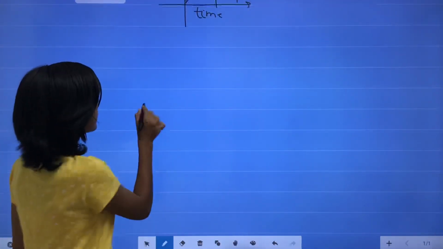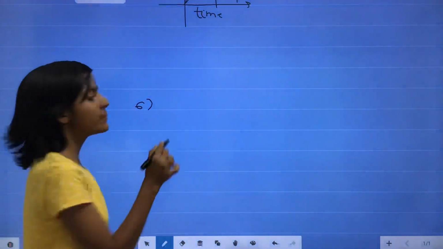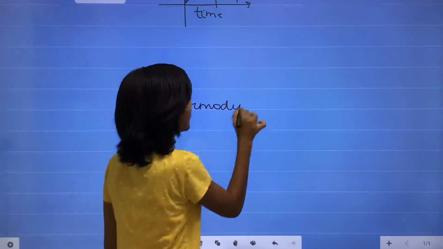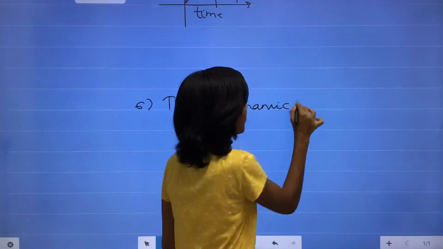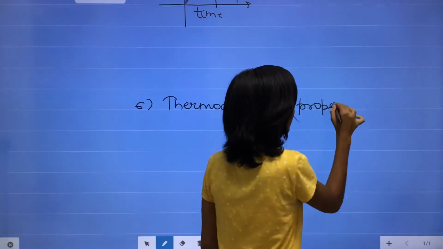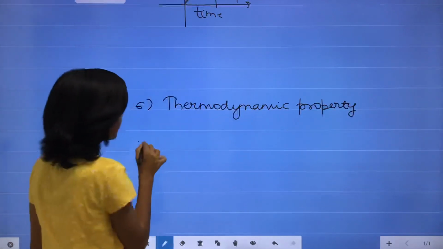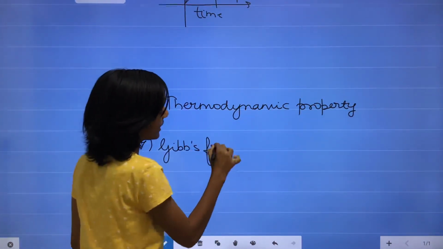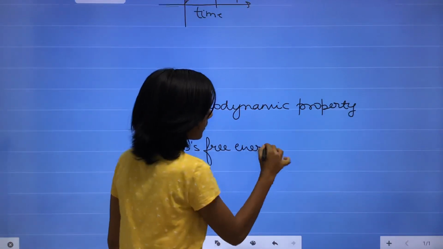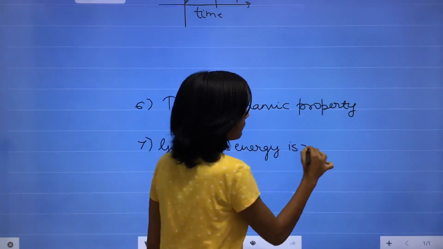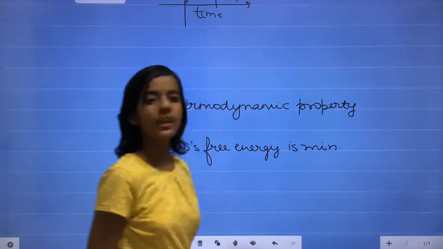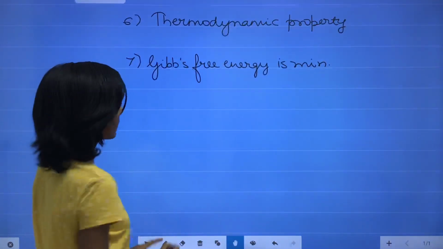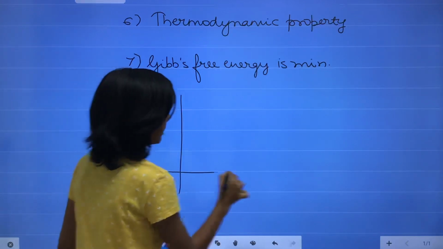Then the sixth is that equilibrium is a thermodynamic property, where the Gibbs free energy is minimum. We can show this by a graph.